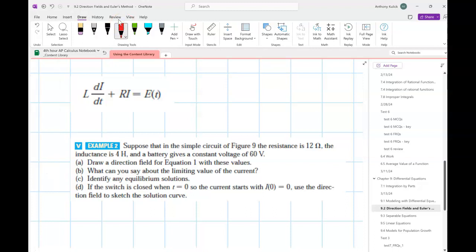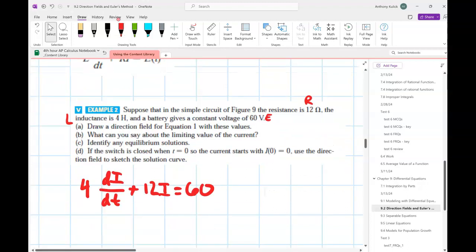So, let's see. Inductance, that's L. Resistance, that's R. And energy, that's the voltage. So we'd have something like this.